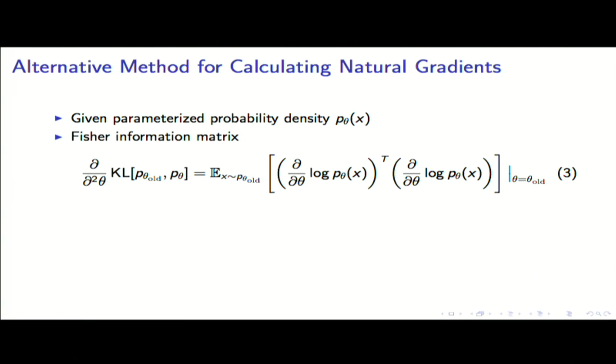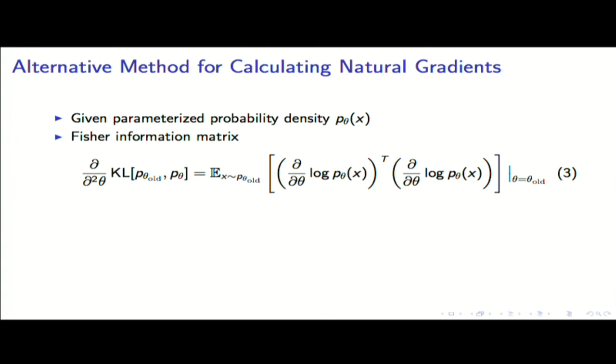You might have heard of it in other areas of statistics and machine learning. There are two equivalent expressions for it. One is that you take the expectation of the outer product of grad log probability with itself, or equivalently, the covariance of the grad log probability. That's one way of writing the Fisher information matrix.